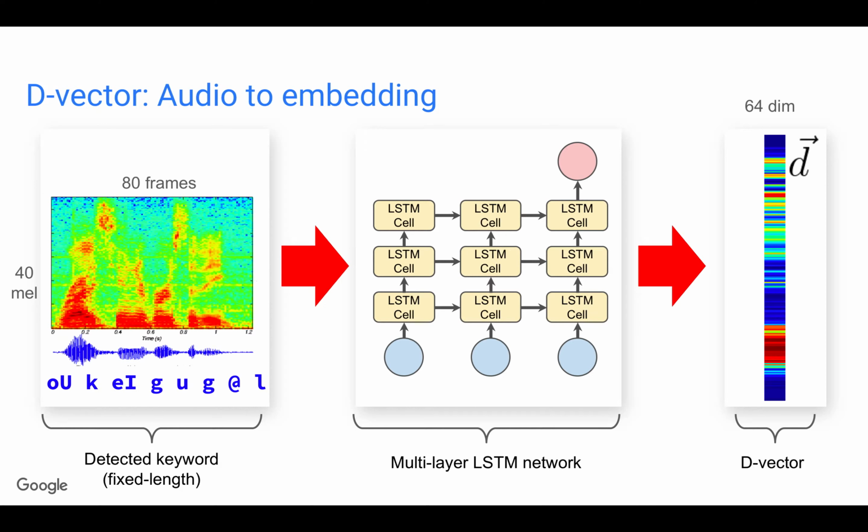We extract the keyword segment from the audio, which is usually a fixed length segment, for example, 800 milliseconds. Then we feed this fixed length segment into our neural network, which is a multi-layer LSTM network. We take the last frame, last layer output as our embedding vector, which we call the D vector.